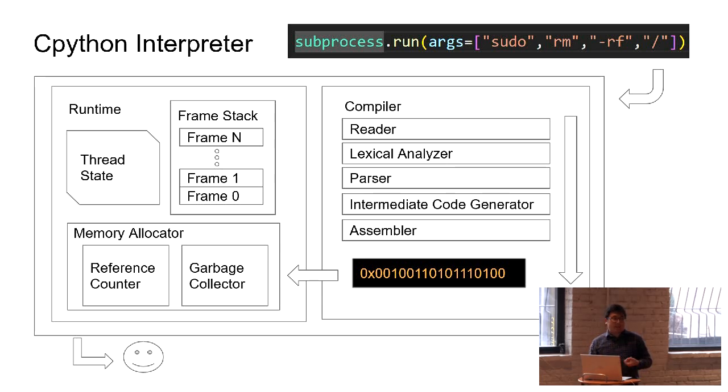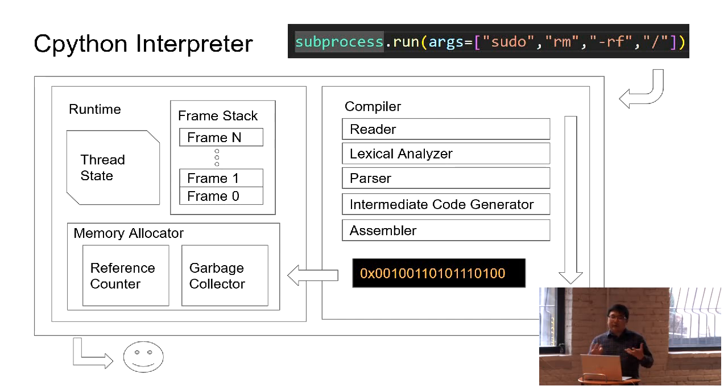The parser turns it into tokens, the intermediate code generator turns it into an AST, an abstract syntax tree, and an assembler turns it into bytecode. All of these things are very complicated and deep, and we'll be here all night if I got into any details. So just know that the code on top just gets turned into bytecode.